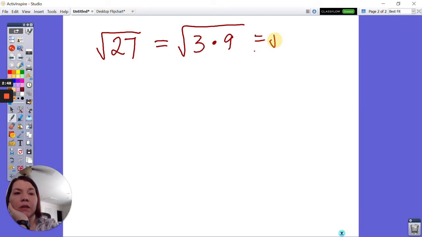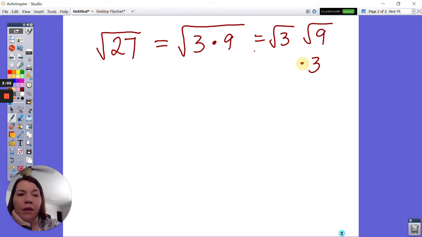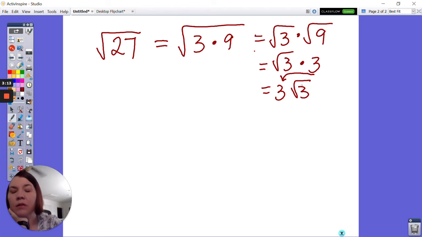So I'm going to take the square root of 3 and the square root of 9. The square root of 3 is, I don't have a clue. When I grab a calculator, I get 1.7 something, so it's not a nice number. The square root of 9 is 3. So whether I know that or not, my calculator does. Now this is a weird way to write it, so we would then rewrite that as 3, this 3 going first now, square root 3. And so that's how that happened.